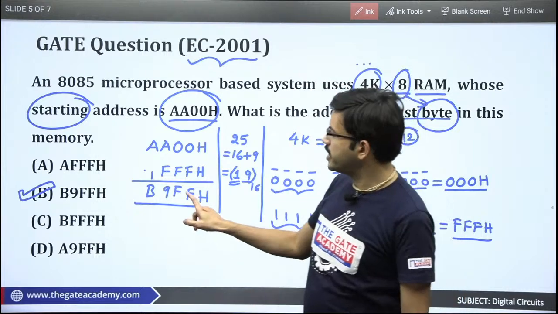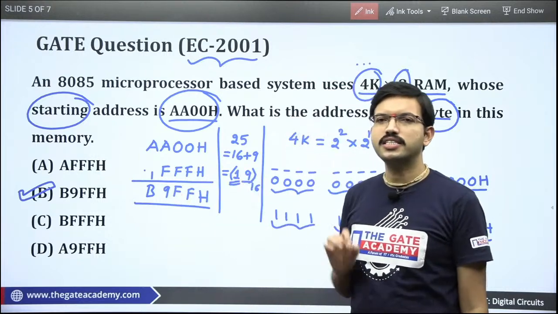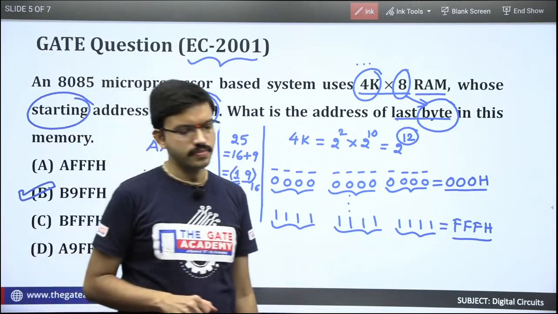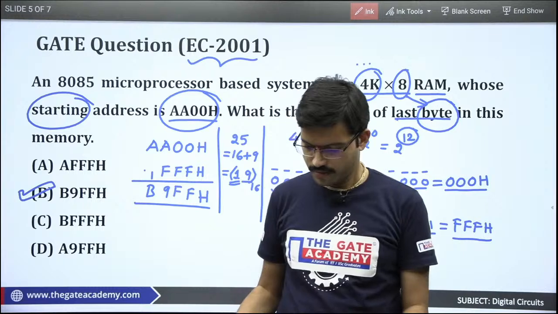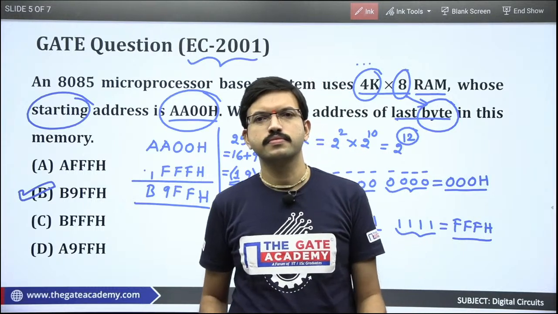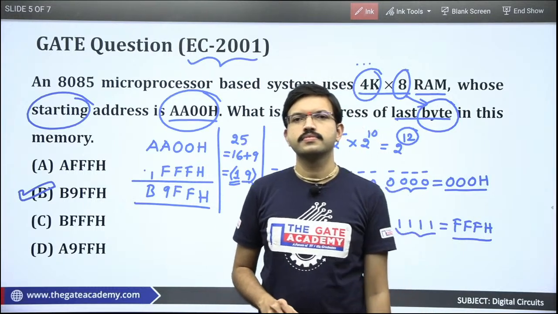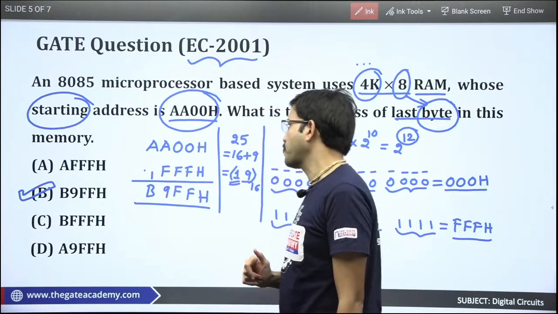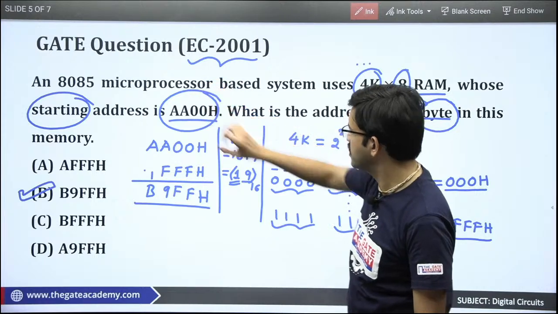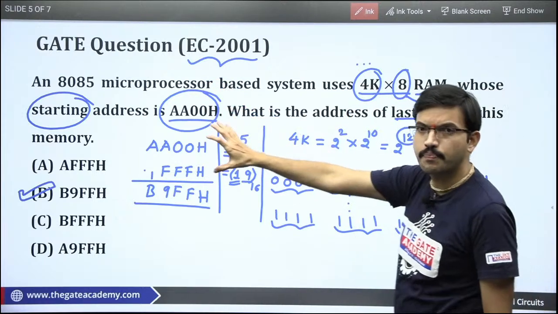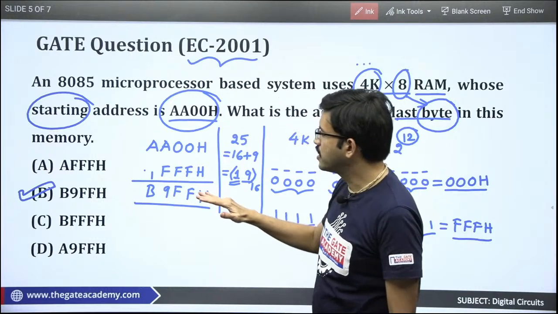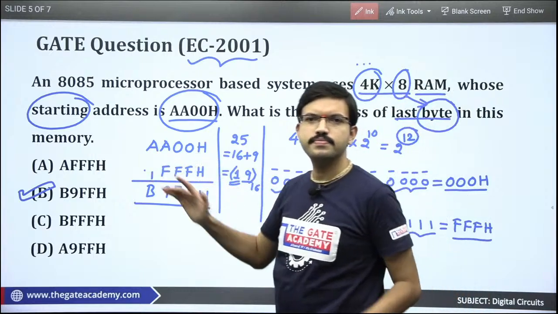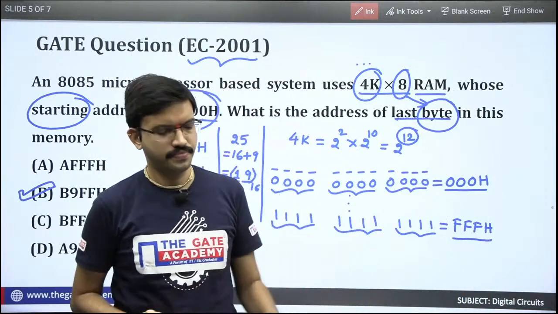If they give the ending address, then you have to subtract this number to get the starting address. Just the opposite.